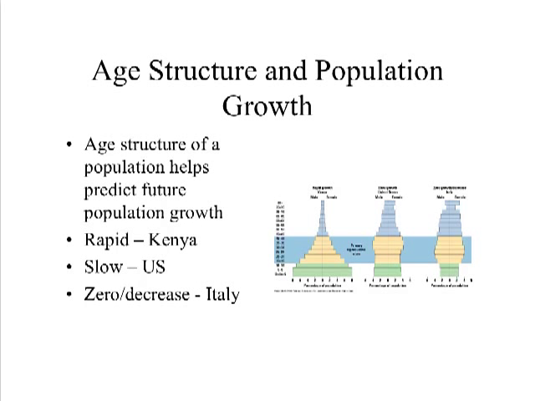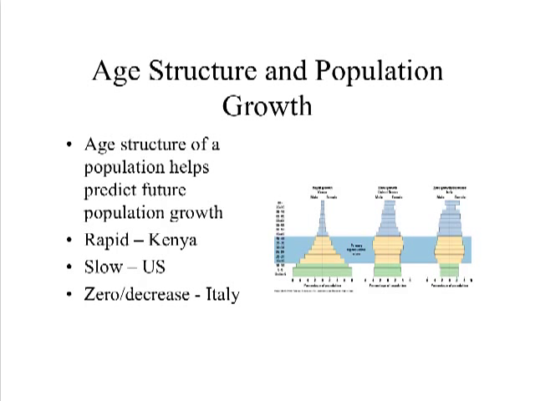When we study different populations around the world, we can basically put their populations into what's called an age structure. And from those age structures, we can predict the future population growths of humans in different areas. On the right, we have three different kinds of population growth versus age structures.